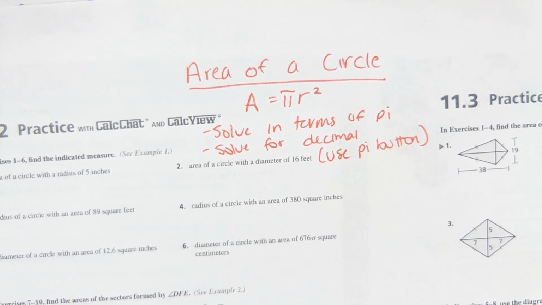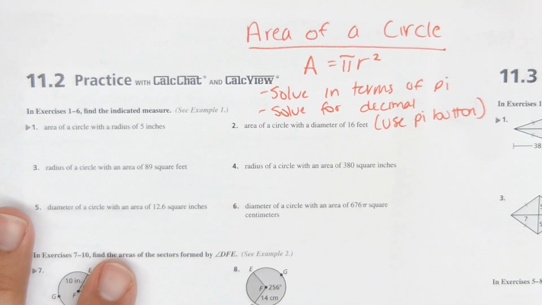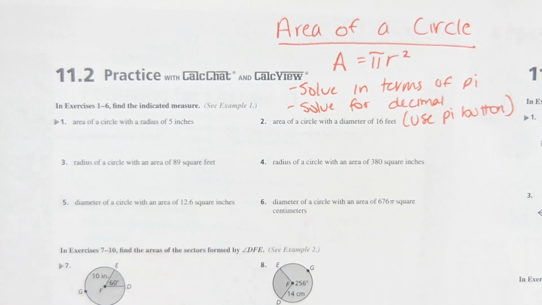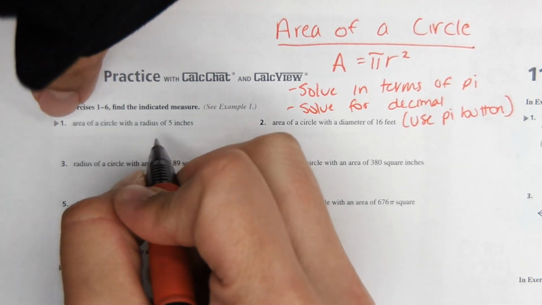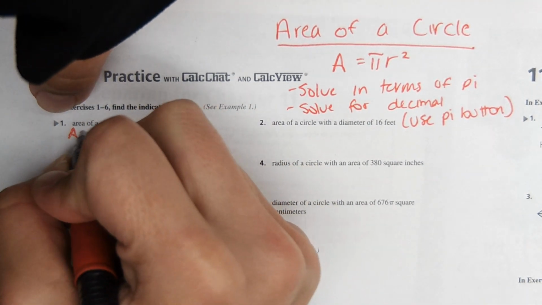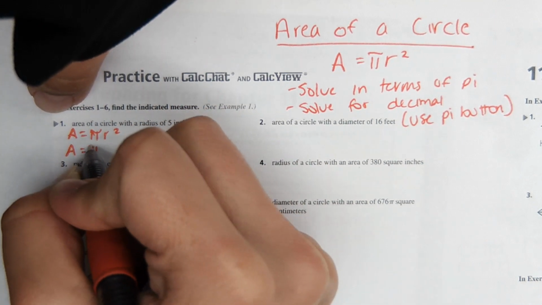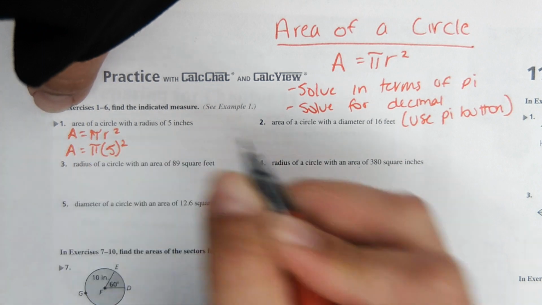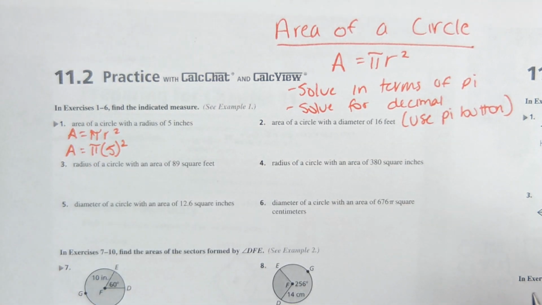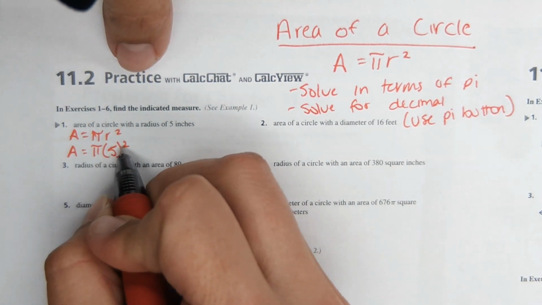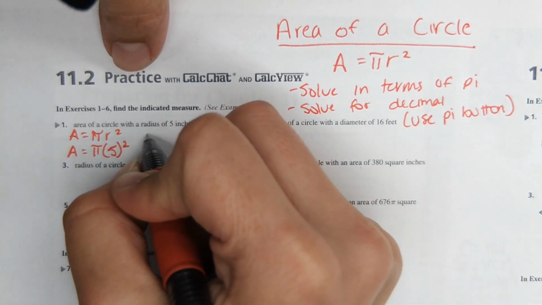Okay, number 1, it says area of a circle with a radius of 5 inches. So area of a circle, pi r squared, area equals pi, radius of 5 squared. You have to follow order of operations, so 5 squared is 25.